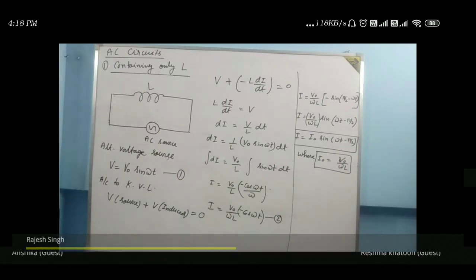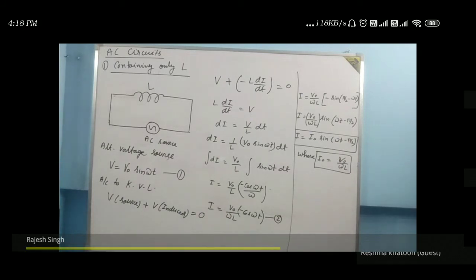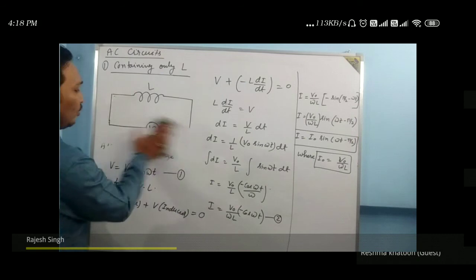When we make the phasor diagram, we'll take care of this. Voltage must lead by an angle of pi by 2.